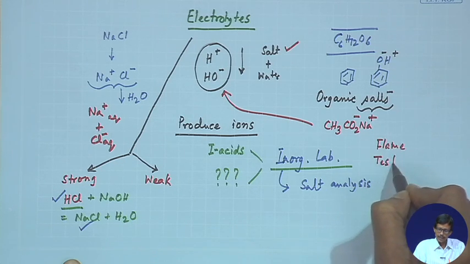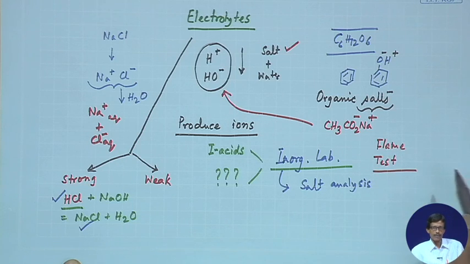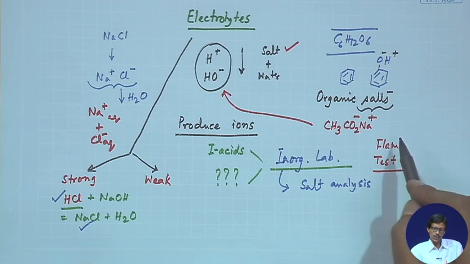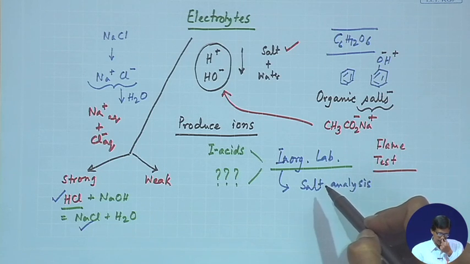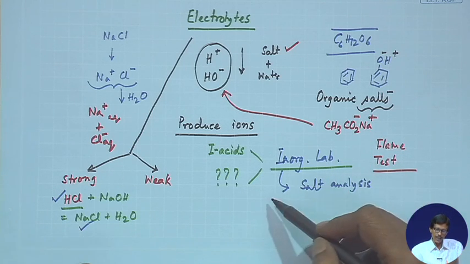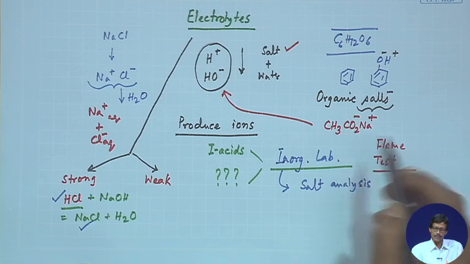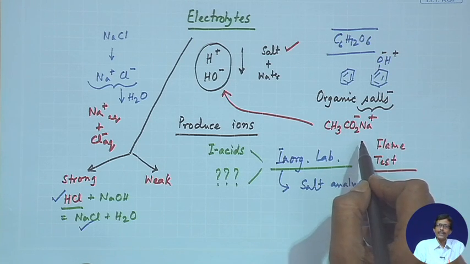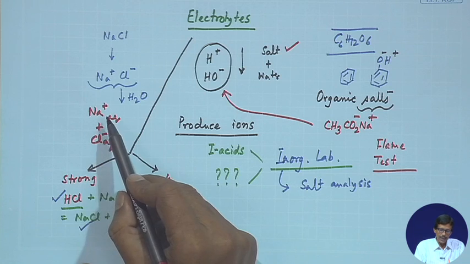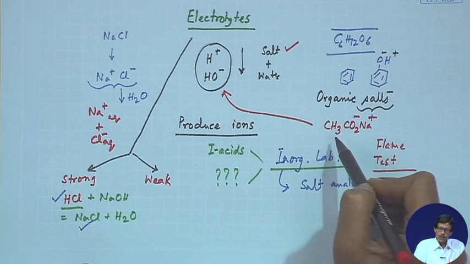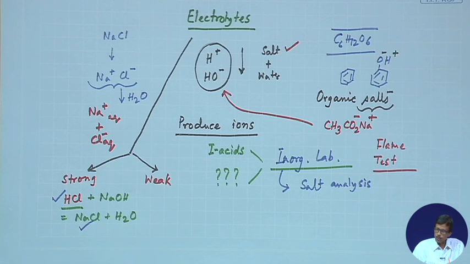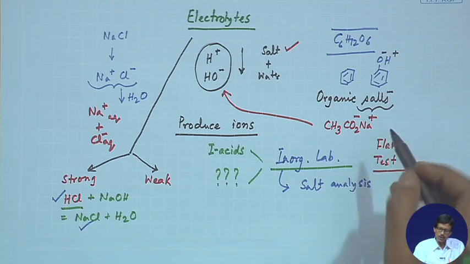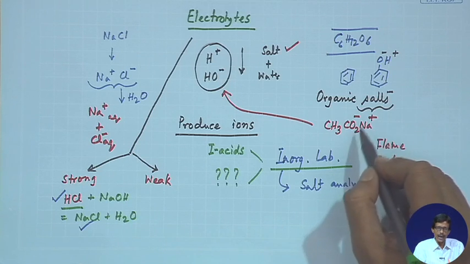A golden yellow flame can be developed if we directly introduce a sodium salt, which is a strong electrolyte, that means either a sodium salt of an inorganic acid like HCl or a sodium salt of acetic acid. They can respond to the corresponding flame test, and if they are present in the solution, we can also have a wet test.